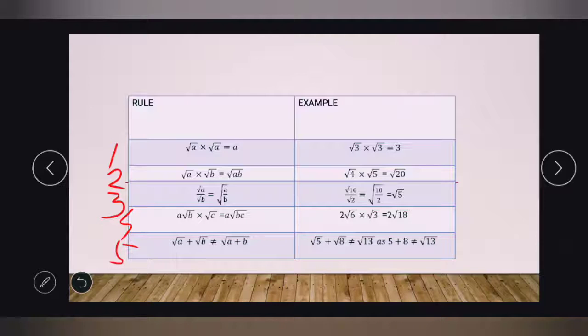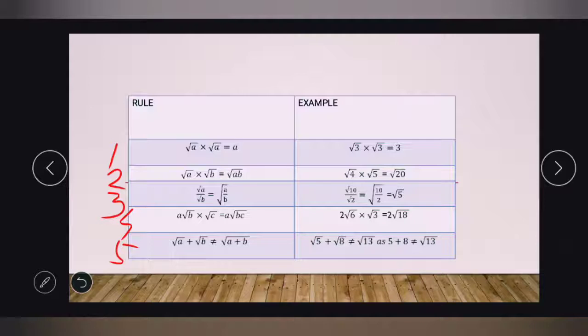Fifth point: the square root of a plus the square root of b does not equal the square root of a plus b. Example, the square root of 5 plus the square root of 8 does not equal the square root of 13, as 5 plus 8 does not equal the square root of 13.